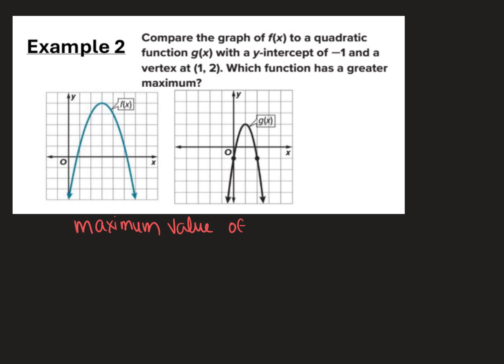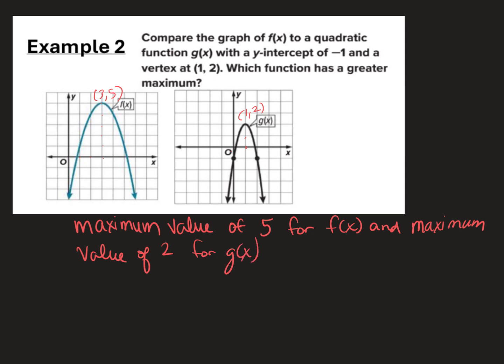Well, this ordered pair is 1, 2, 3, 1, 2, 3, 4, 5, 3, 5. So maximum value of 5 for f of x, and positive 1 up 2. So 1, 2. Maximum value of 2 for g of x.